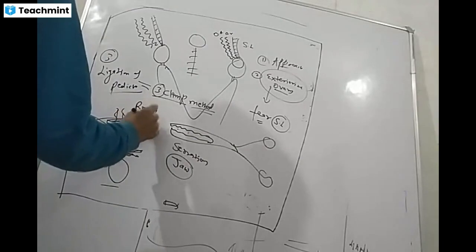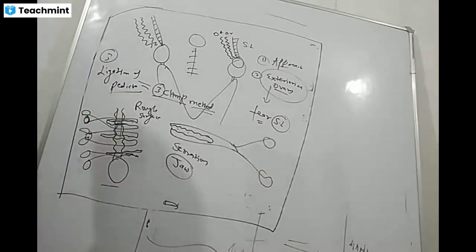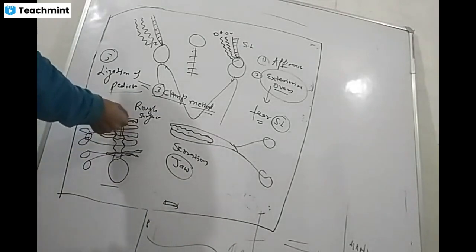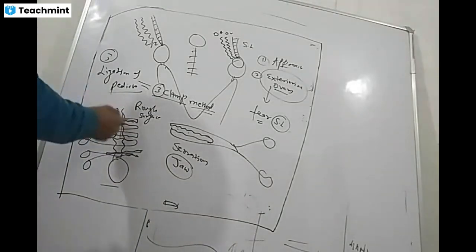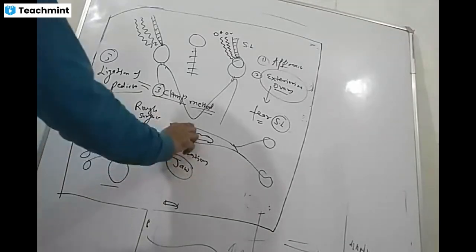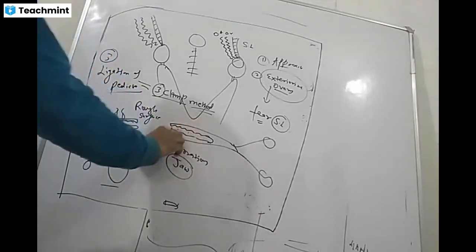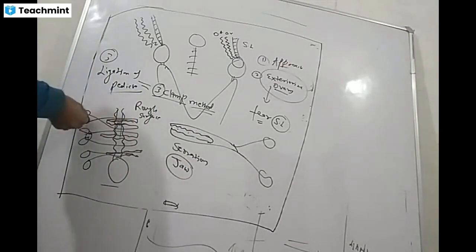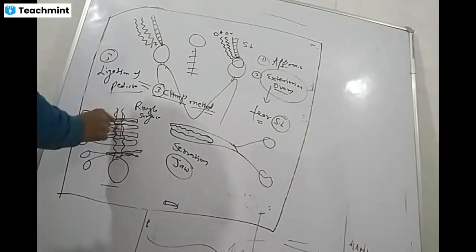So what you do, you just remove this clamp and apply your suture. Because of these serrations on the jaw of the artery forceps, it will create some rough surface here. So you withdraw your artery forceps and apply the suture material and ligate it.